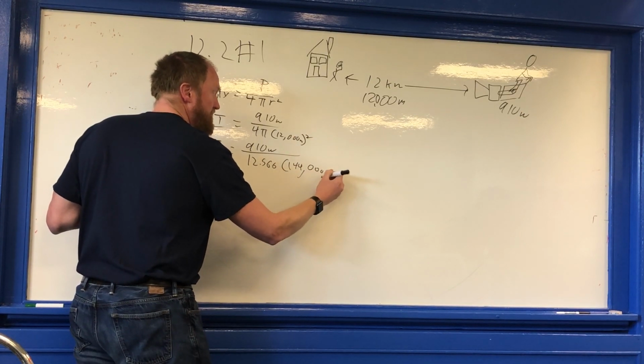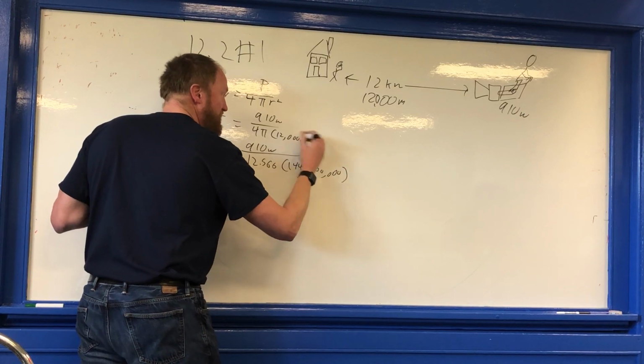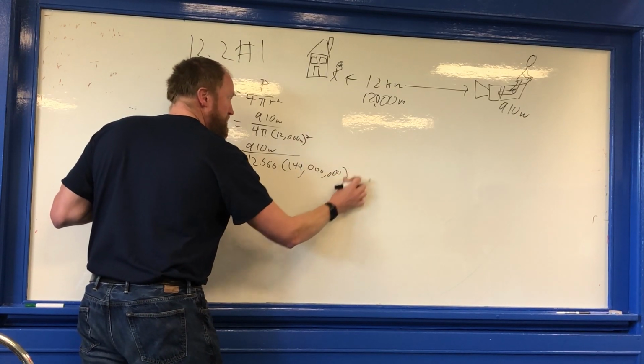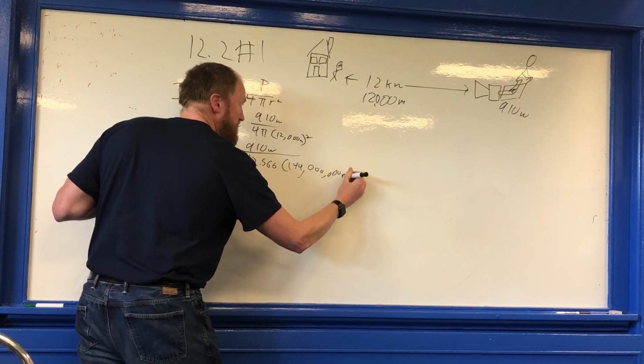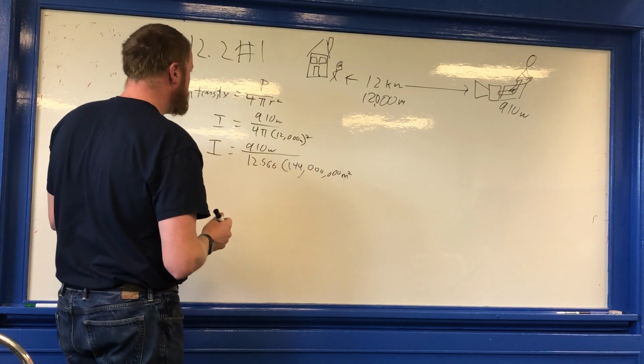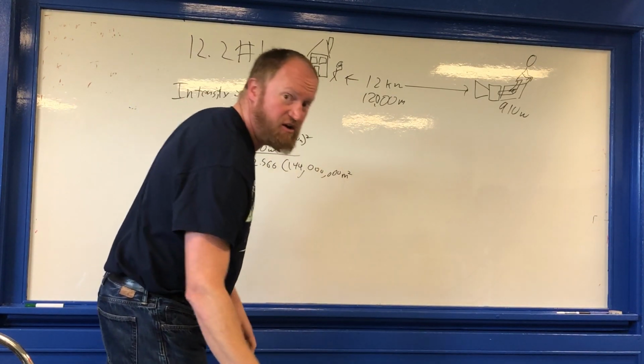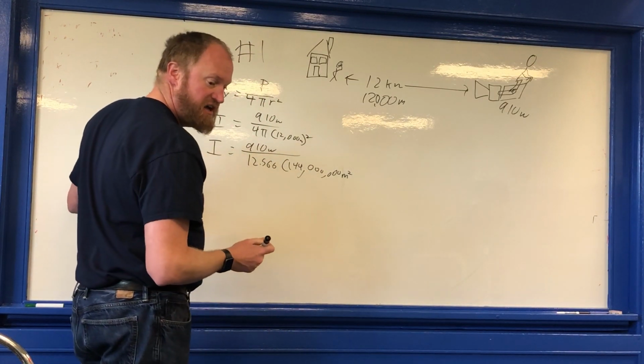We get 144 million. Now, meters are also squared. Now, fortunately, I have a calculator, because doing this the long way takes a while.